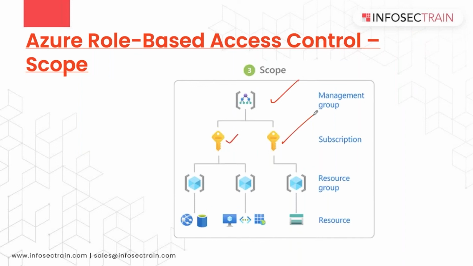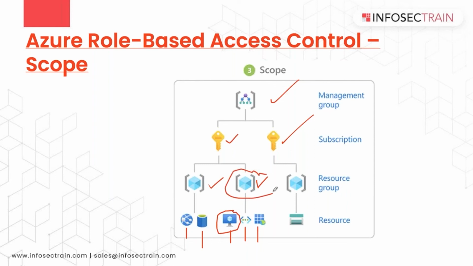Scope is, like I was telling you, there will be a management group. It can have more than one subscription. One subscription can have multiple resource groups, and there is going to be, for example, one web application, one database, one virtual machine, VNet, and logging services, all these things. Now, at the individual level, I can give someone permission only to the machine.